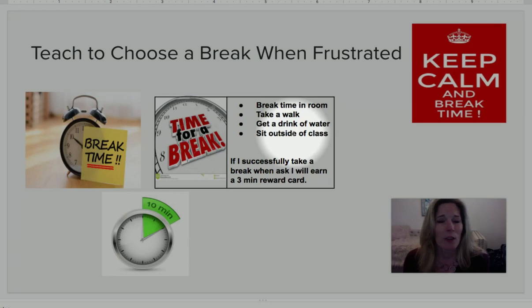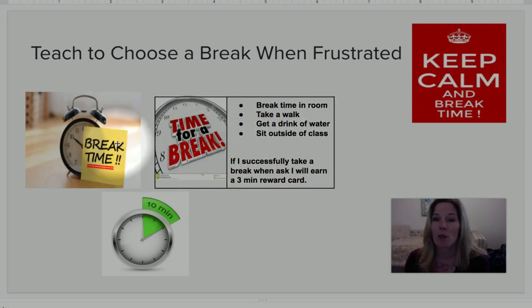Now, I start out with using breaks because it's really one of the most helpful tools when it comes to our kids that are escaping frustration. They're avoiding. This is going to become a great tool. And you can see on this break card, I allow them to know exactly what they could do during that break.